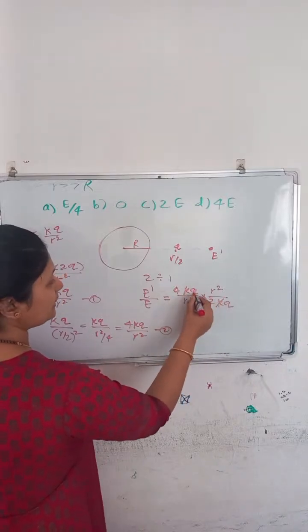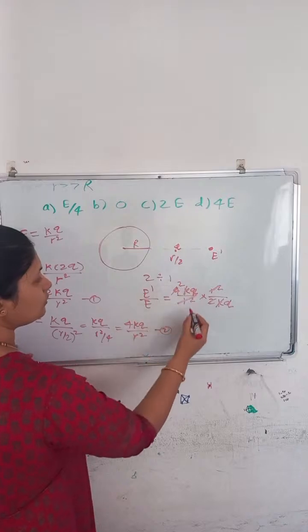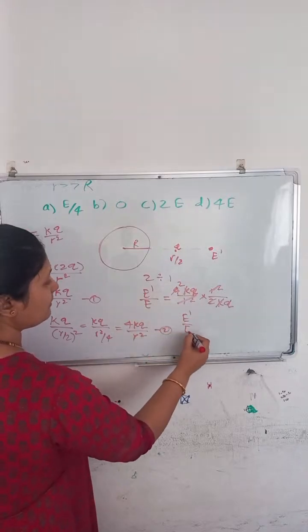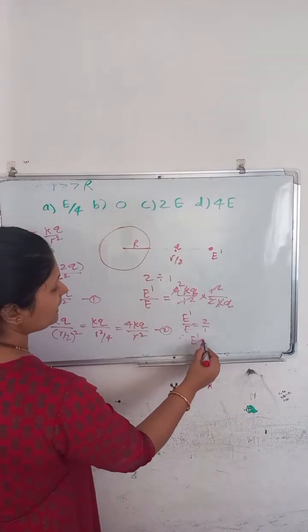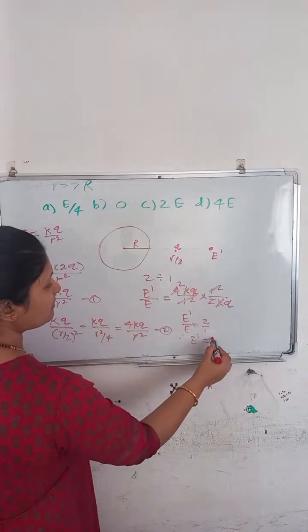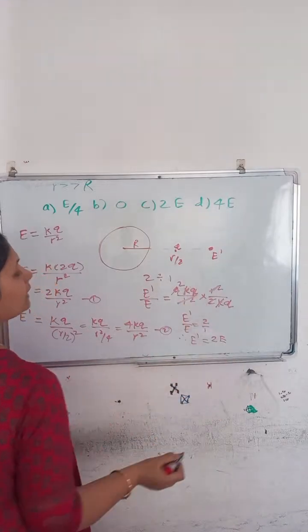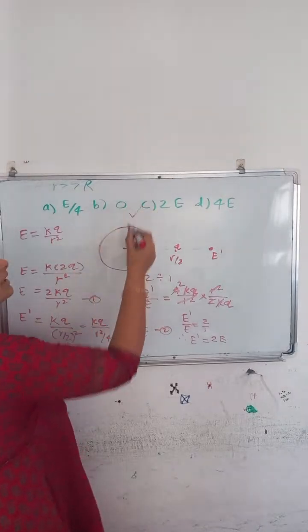So k, q and r square get cancelled, 2 ones are 2, 2 twos are 4. So E dash upon E is equal to 2 by 1. Therefore, the new electric field at this point is twice the original electric field. So E dash is equal to 2E. So option C is the correct option.